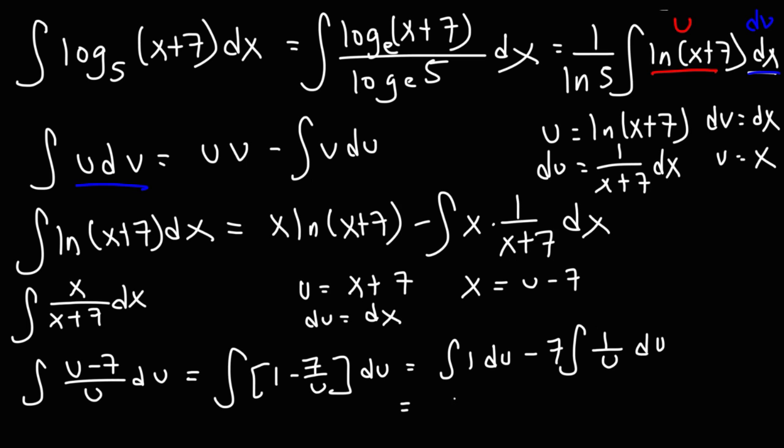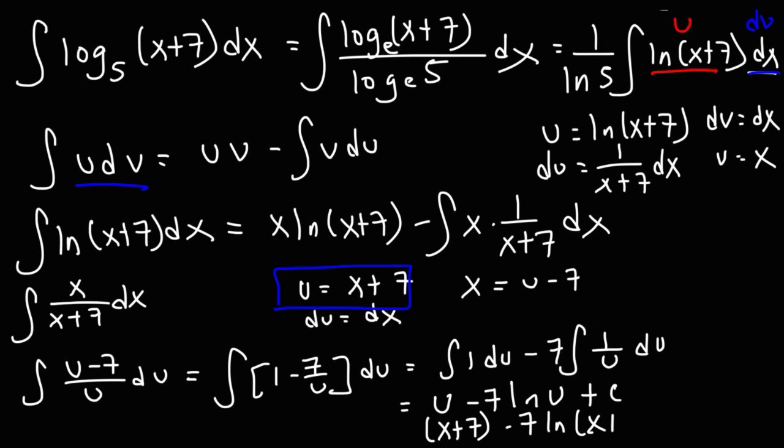Now the antiderivative of 1 with du in front of it, it's just going to be u. The antiderivative of 1 over u is ln u, but times 7 with a negative in front, and then plus c. Now we need to replace u with x plus 7. So it's going to become x plus 7 minus 7 ln x plus 7 plus c.